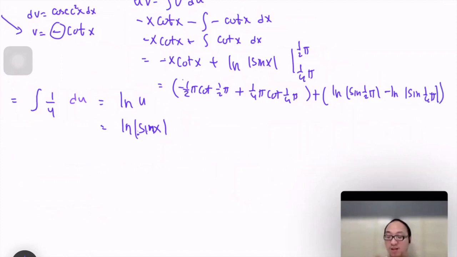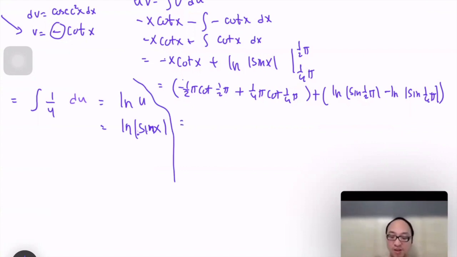Yeah, the absolute sign is used in the ln, to make sure there is no negative in the function ln. Yeah, I give the line here.